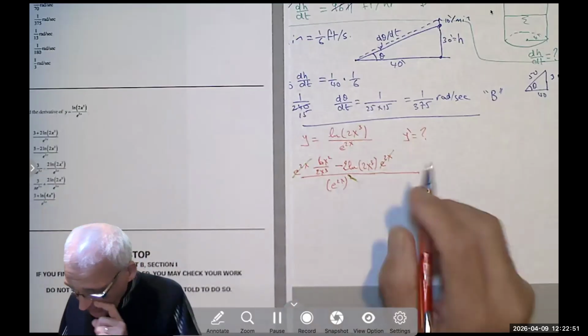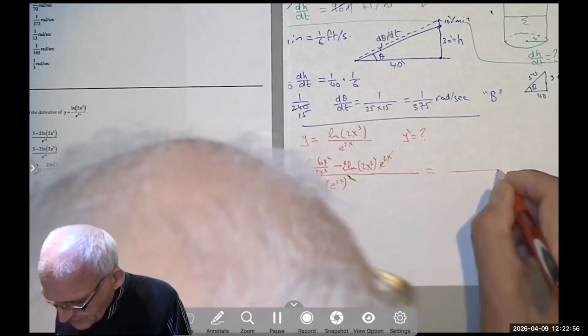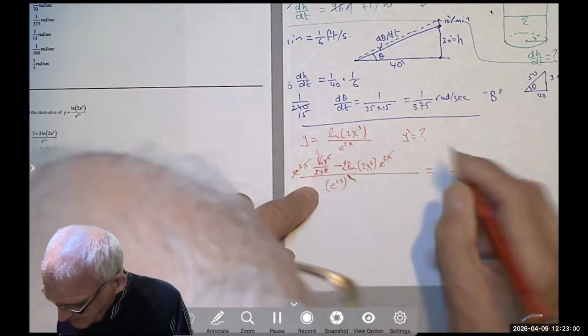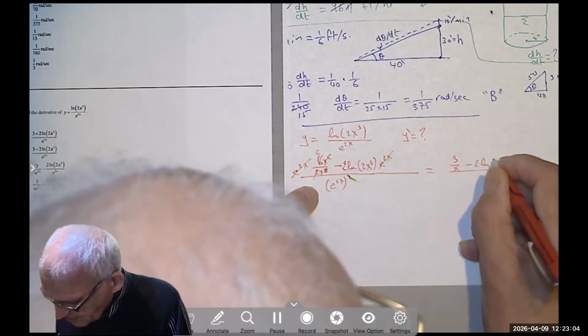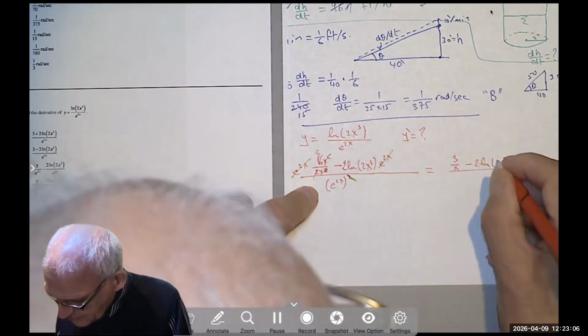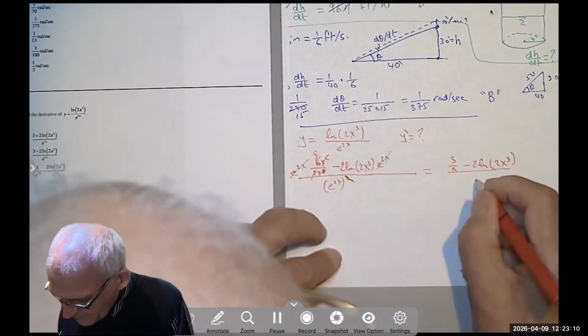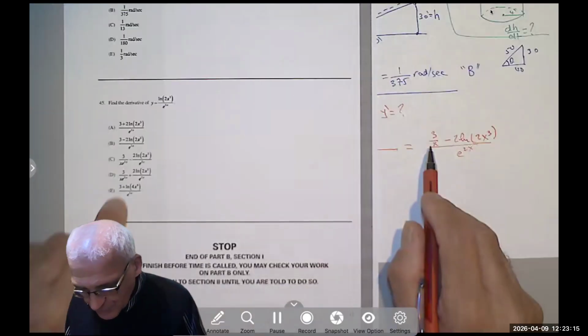So I can simplify the first term. I have x squared and x cubed and 6 and 2. It's 3 over x minus 2 natural log of 2x cubed over e to the 2x. So I can write it as two terms.